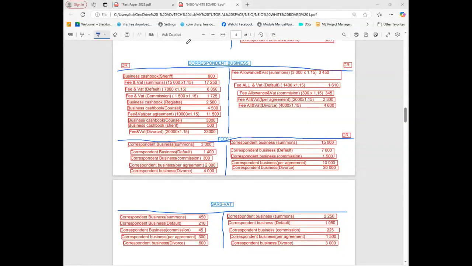Plus 500. Okay, so the amount on the debit side is going to be 72,955 rand. I got 72,925 from my side.